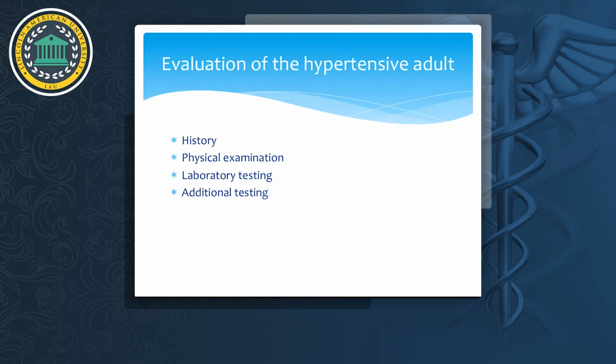Now, as I discussed with you initially, history taking and physical examination are the cornerstone in diagnosing any disease. If you have a good history and a good physical examination, you're almost done with your diagnosis. Then your diagnosis will be supplemented by laboratory testing and additional testing.